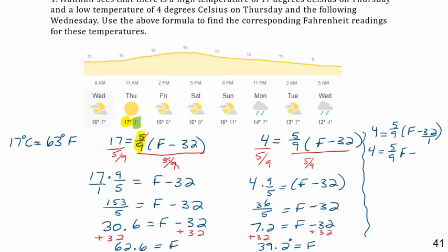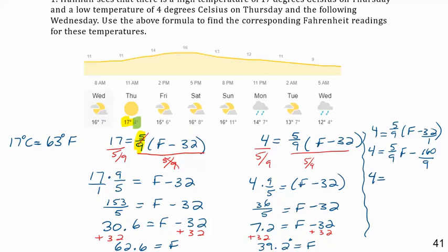Then I'm going to do 5 times 32 over 1. So 5 times 32 is 160, and 9 times 1 is 9. Now, 160 divided by 9 is not a whole number, and its decimal is a repeating value. So this is where doing it this way is a little bit yucky, let's call it.